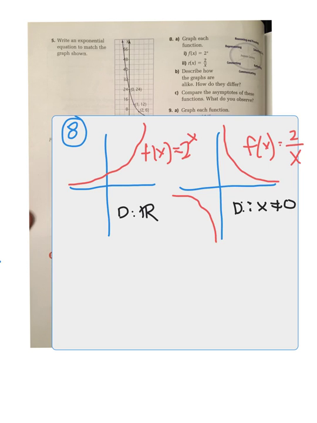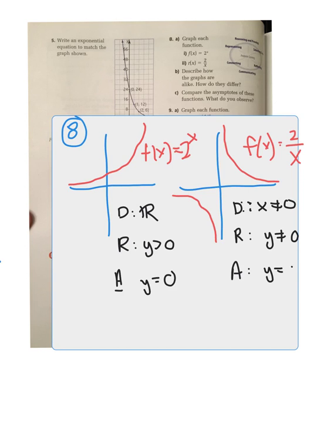The range of this one we know is y greater than 0, and the range of this one is all reals except 0, so y doesn't equal 0. Asymptote for this one is y equals 0, and there's two asymptotes for this one, y equals 0 and x equals 0. So we'll just put those in green as usual.